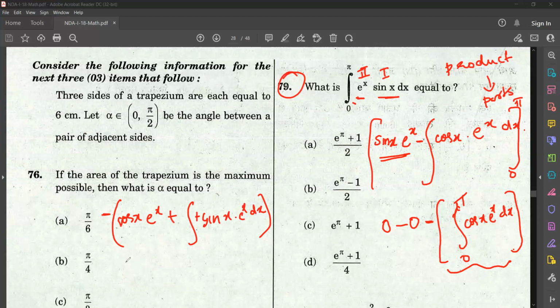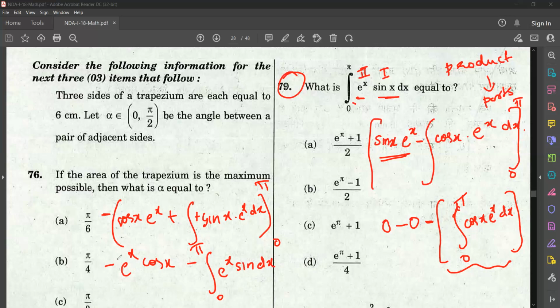So this will become positive here. Minus e raised to x cos x, with limit 0 to pi, minus e raised to x sin x dx, 0 to pi.